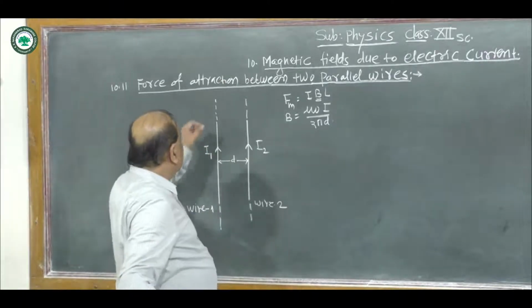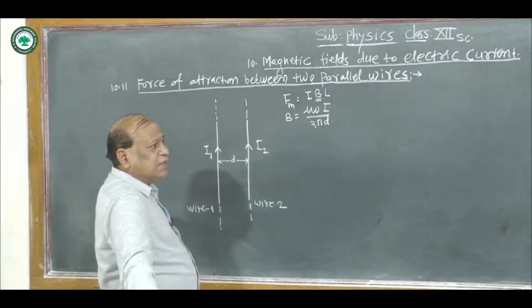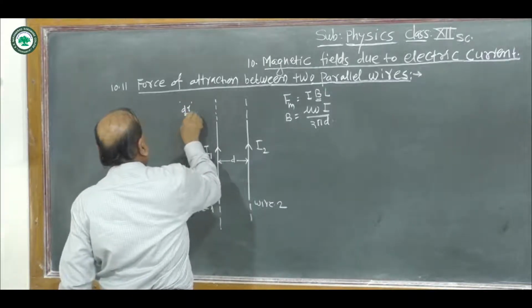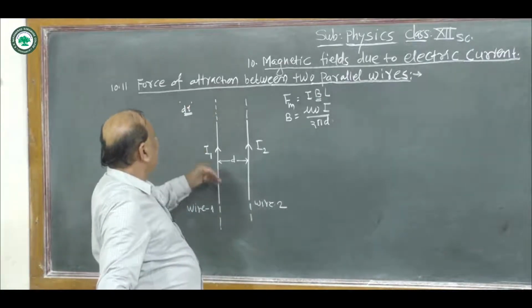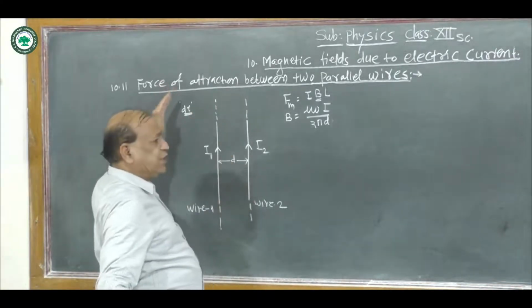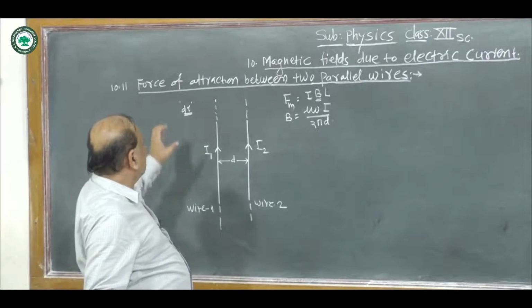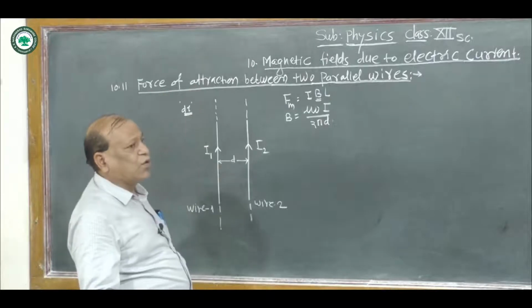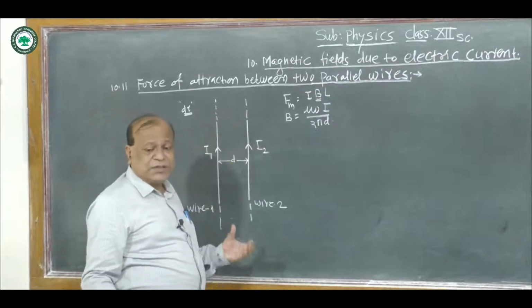Here these conducting wires are made up of a large number of length elements dl, and therefore the total length of conducting wire 1 or wire 2 will be the integration of dl. Keeping this idea in our mind, we obtain the expression for force of attraction between these two conducting wires.